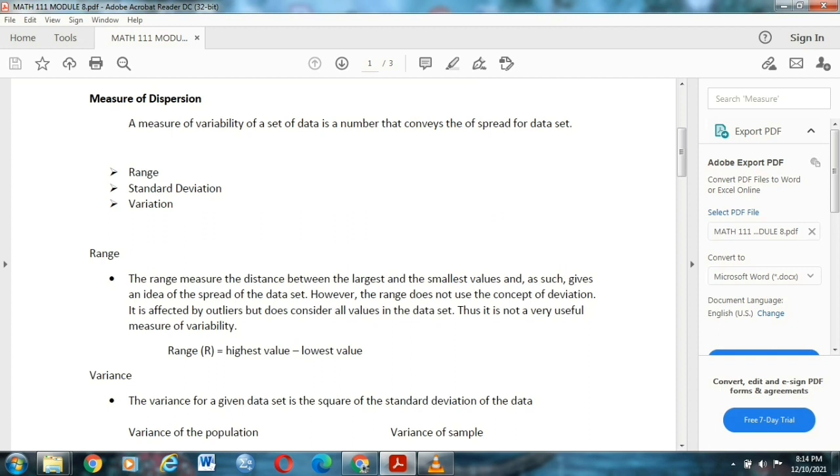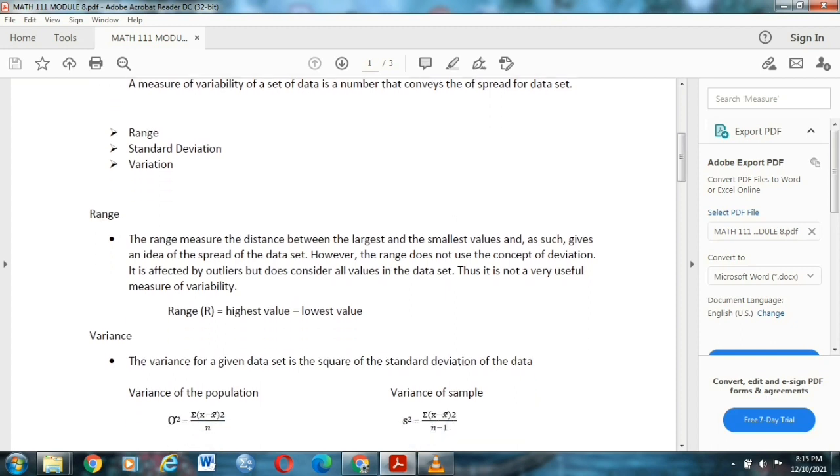So, it is also the simplest version of the concept of deviation. So, alam naman natin ang formula ng range ay the difference between the highest value and the lowest value of the data. So, next is the variance.